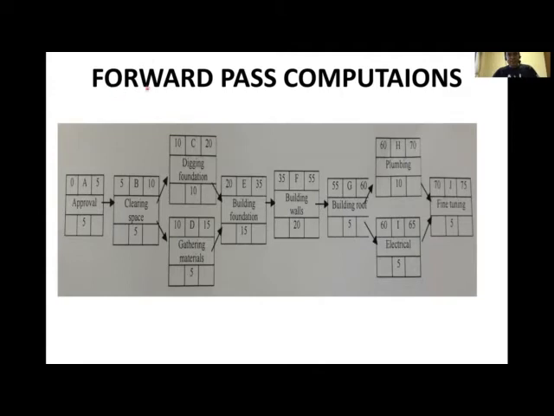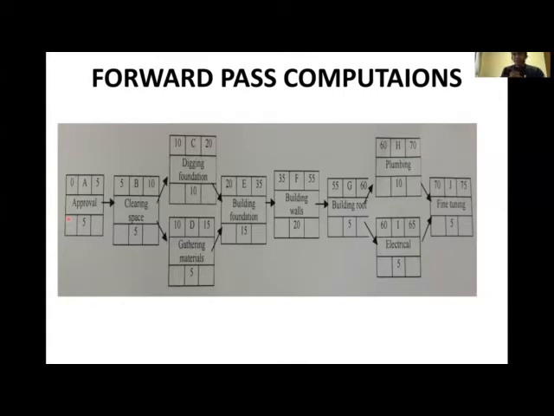So this diagram basically demonstrates how the forward pass computations are done. Look at this network diagram, which is extracted from the WBS, the one that I showed you.